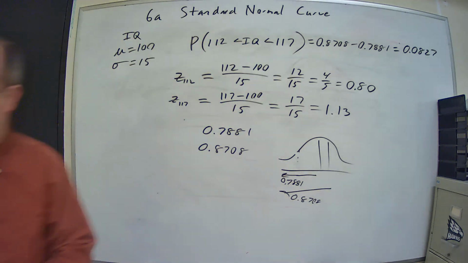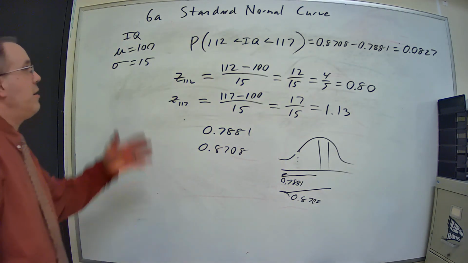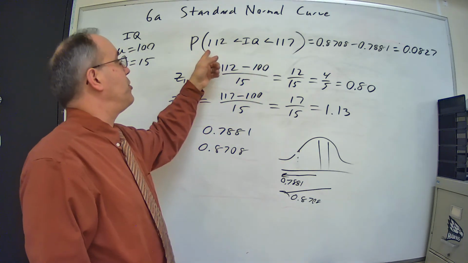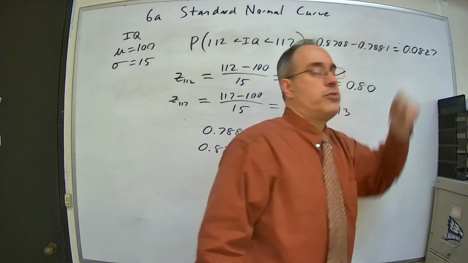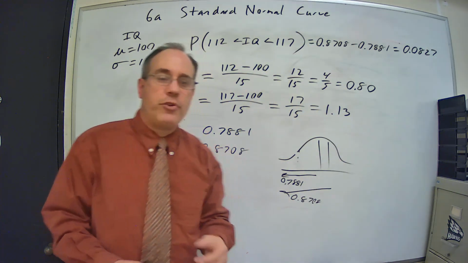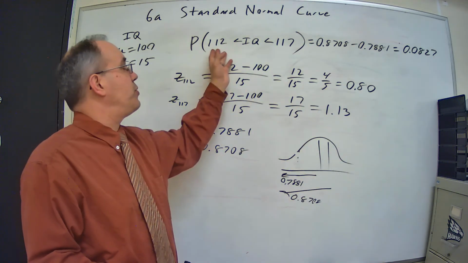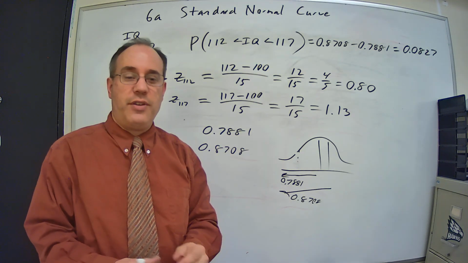So the probability that we randomly select a person from the population with an IQ between 112 and 117 is 0.0827, or just over 8% of the population will have an IQ between 112 and 117.